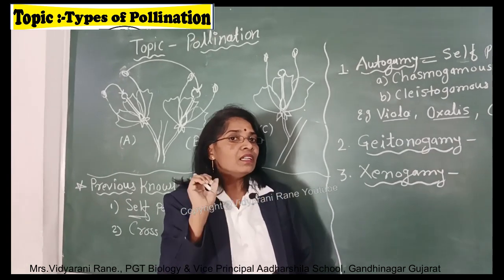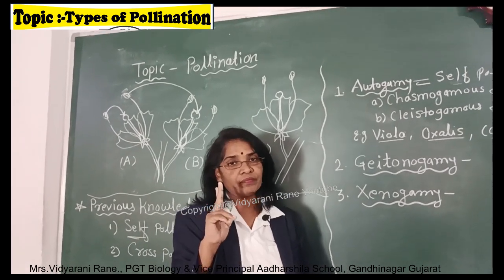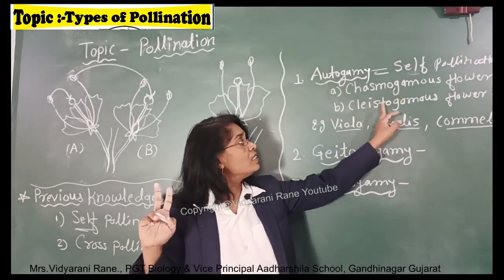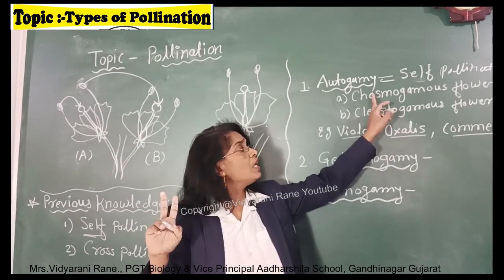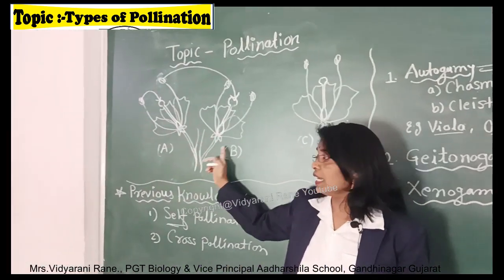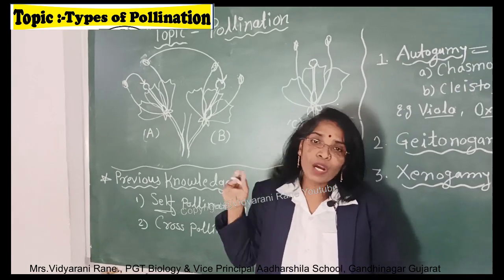In this, some plants produce two types of flowers. These are chasmogamous flowers and cleistogamous flowers. Now what is meant by chasmogamous flower? You can see here I have drawn the diagrams. These all are chasmogamous flowers.